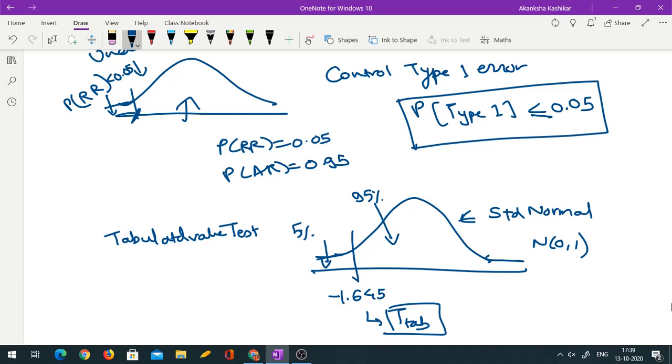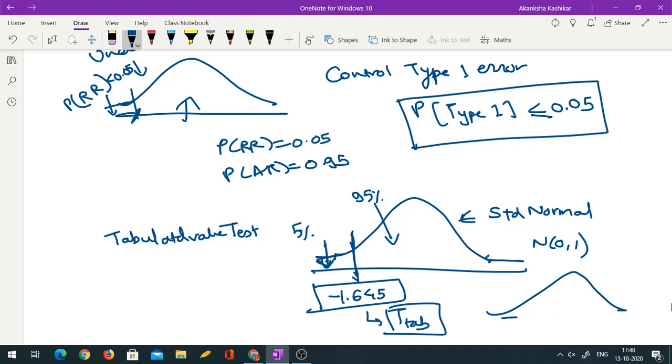Your homework is, I am assuming all of you have at least a soft copy of Daniel's book. So your homework is to check the standard normal tables in Daniel's book. Try to see if you can understand how to read those. Those tables give these types of probabilities. So check whether this value has the property that I mentioned here. That is, the left hand side probability for this value is 5% and the right side probability is 95%.